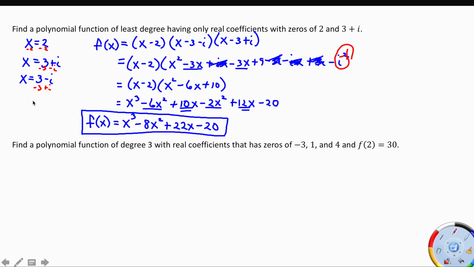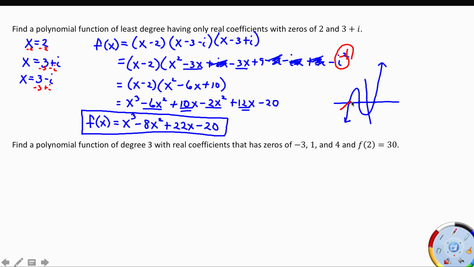Now recall that if I had a graph, and that's a cubic, let's say it has 3 zeros. Remember, there's a graph with these 3 zeros. However, there are other functions.